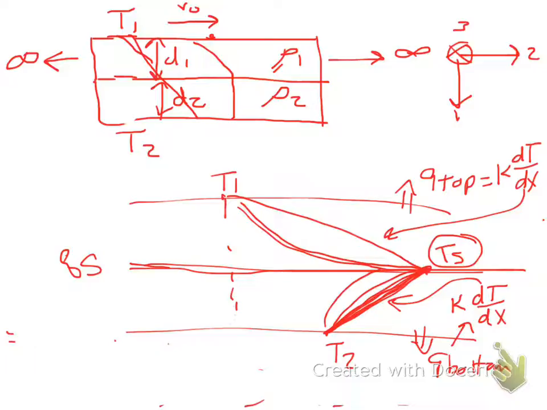But I think that once it reaches the steady state, it does eventually become linear there. That makes sense. Got it? Okay. That's a good transition to you guys because you have a heat flux boundary condition too.